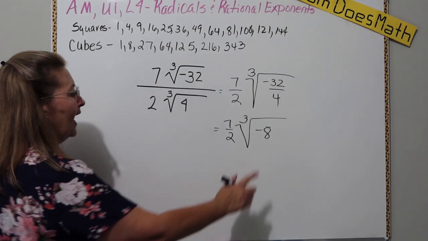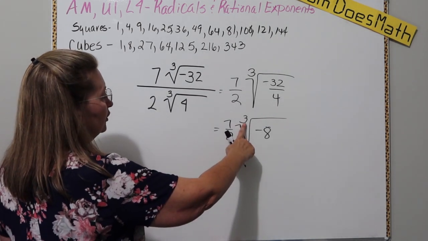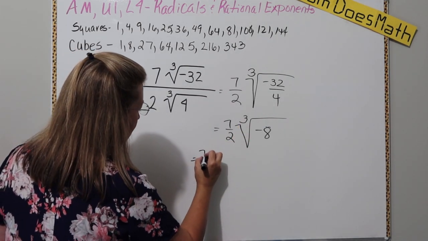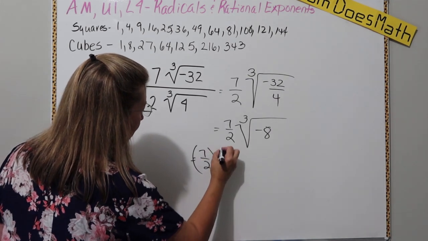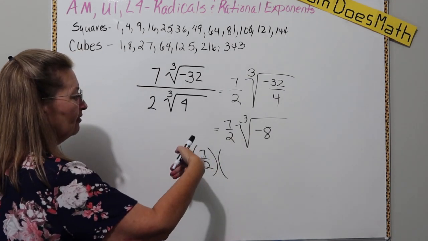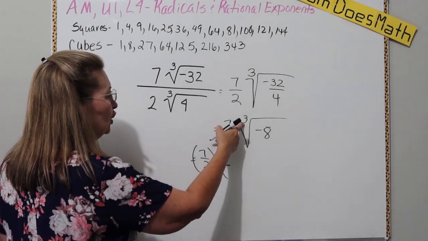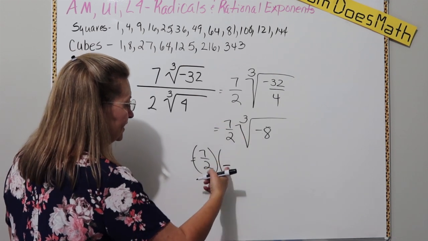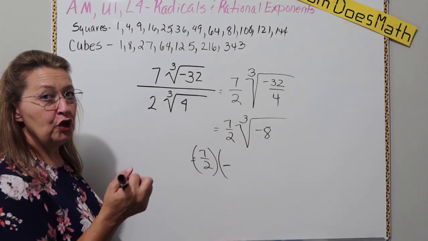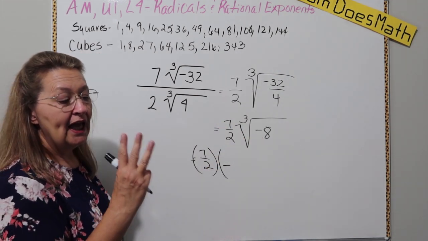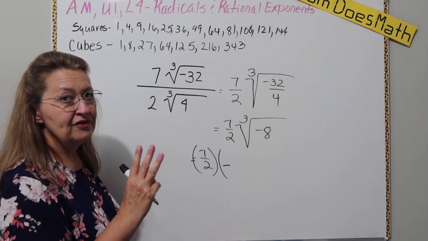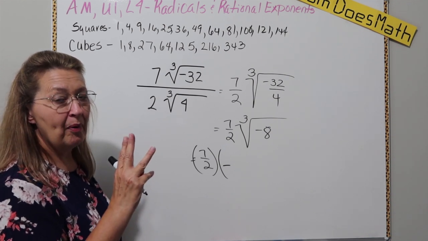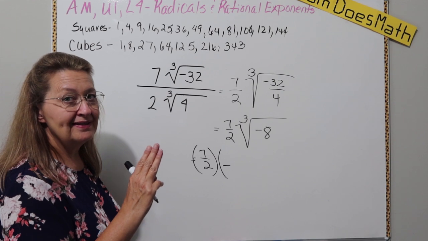Alright, now I have a negative sign under a cube. So that means, I'm just going to put this out here and I'll multiply it. Means when I pull this out, it's going to be negative. If you take the cube of a negative, it's negative. Why? Because cube means multiplying it times 3. And if you multiply 3 negatives together, the first two make a positive, but the last one makes it negative again.